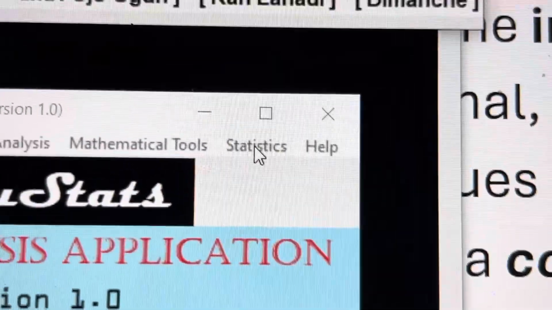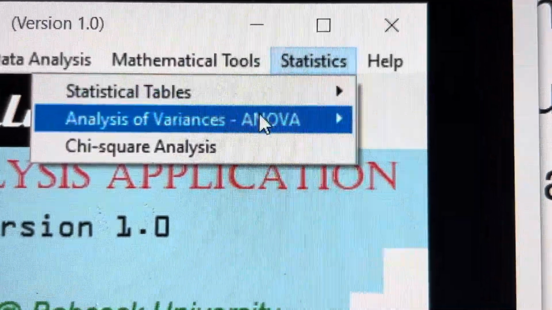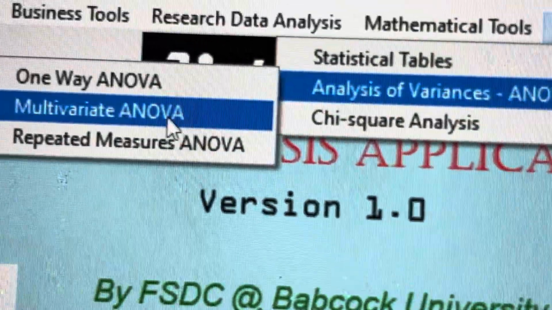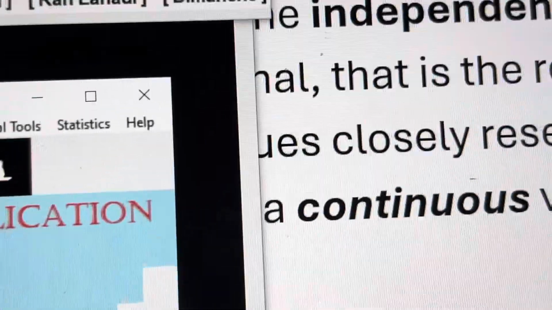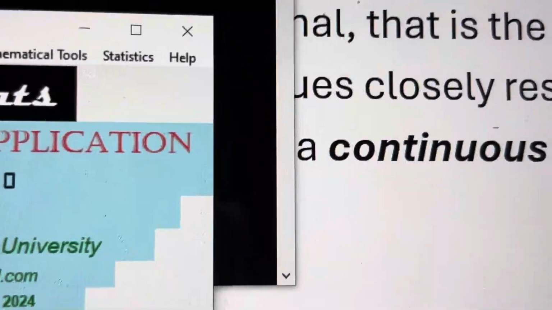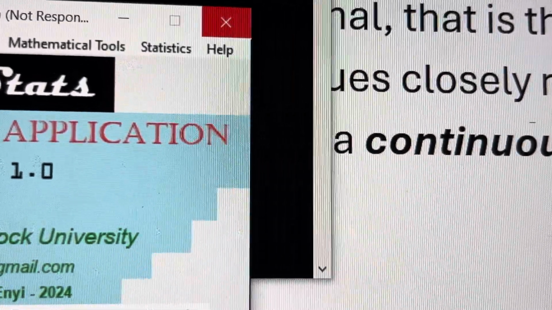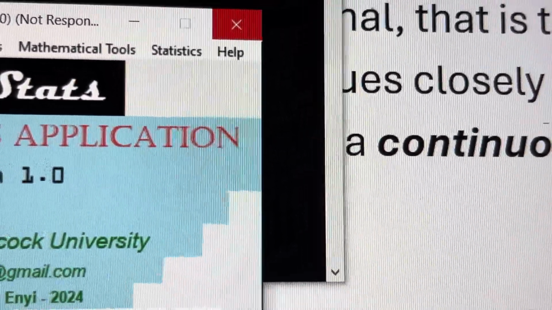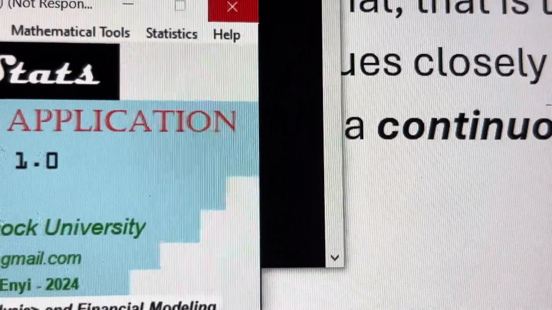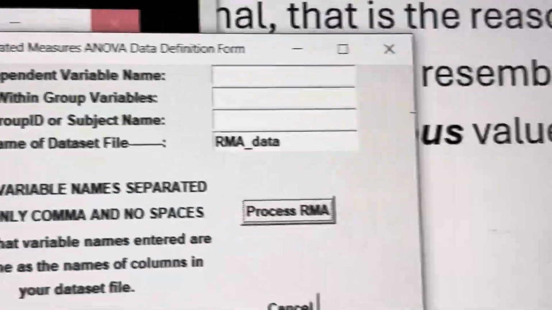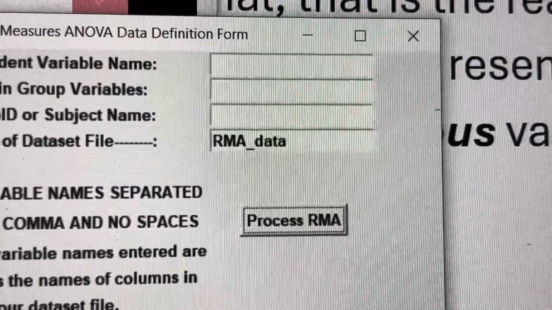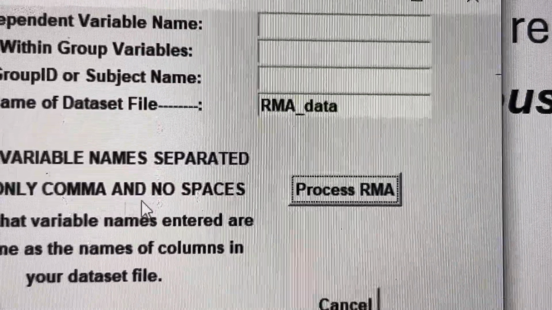So now we'll go back to that, this, and this, and wait to bring the form out. Yeah, the form is out. So now let's define it the way we did before.